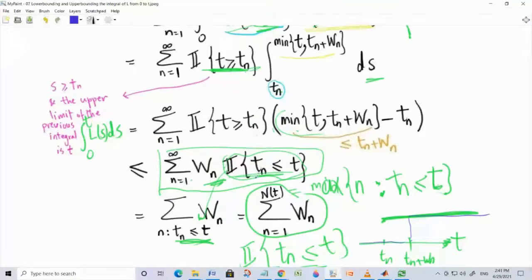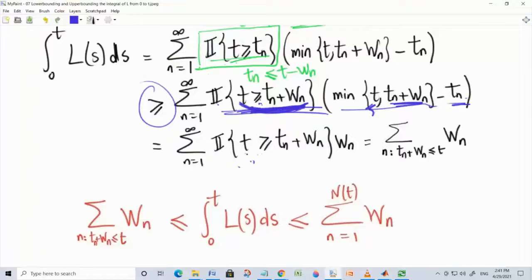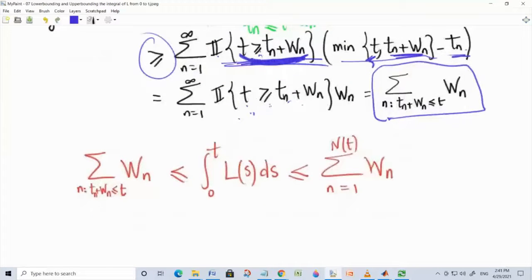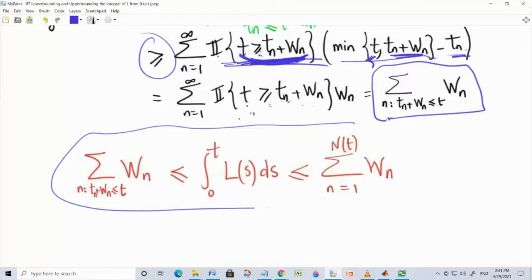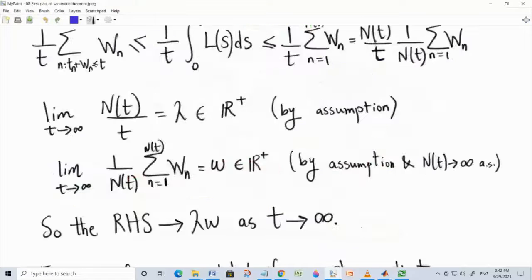Our indicator here is T greater than or equal to Tn plus Wn, and so this is our lower bound. Okay, so I think perhaps the upper bounding is much easier than the lower bounding.